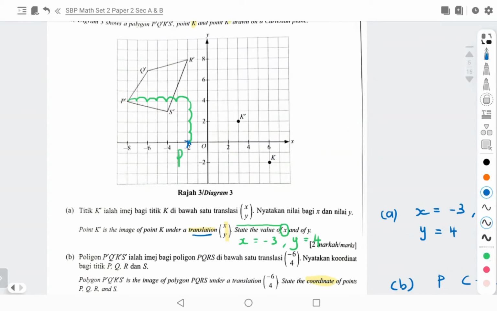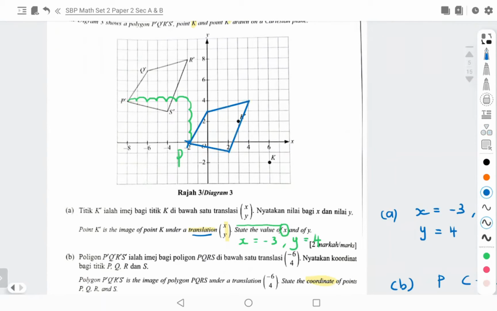Once you get P, the original object, then you can draw out the quadrilateral PQRS. Based on the shape, 3 units up, so here is Q. Then you go and find R, and then here S. Then you join.